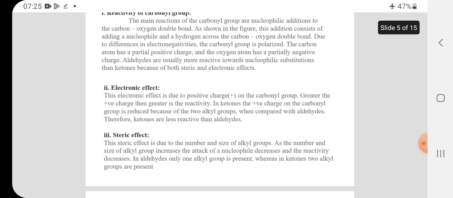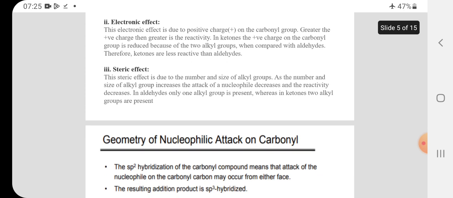Aldehydes are usually more reactive towards nucleophilic substitution reactions than ketones because of both steric and electronic effects. The second one is the electronic effect. This electronic effect is due to the positive charge on the carbonyl group. The greater the positive charge, the greater the reactivity.